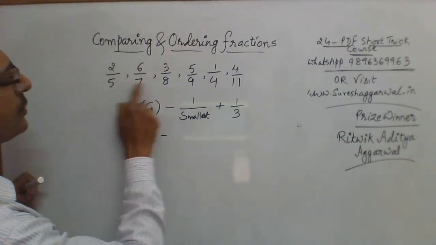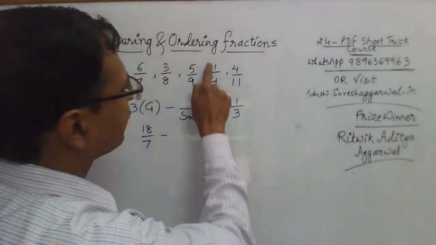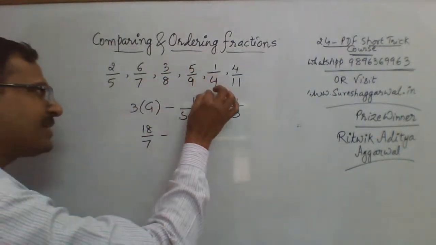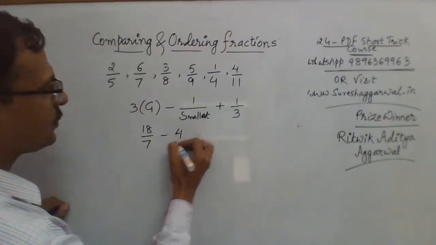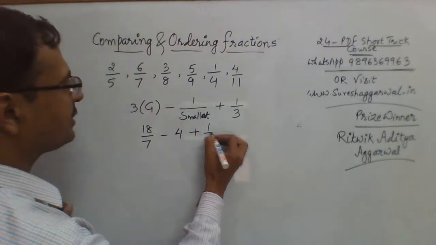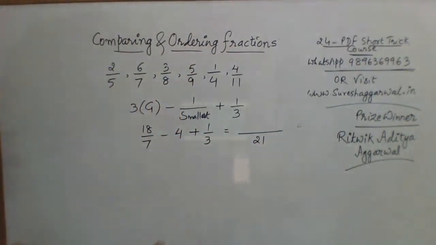Smaller, smaller, smaller, smaller, smallest. So the smallest remains the same, and again this is 1 by smallest, so 1 by 1 by 4, that is 4, and 1 by 3. So now 21 is the LCM, very easy.